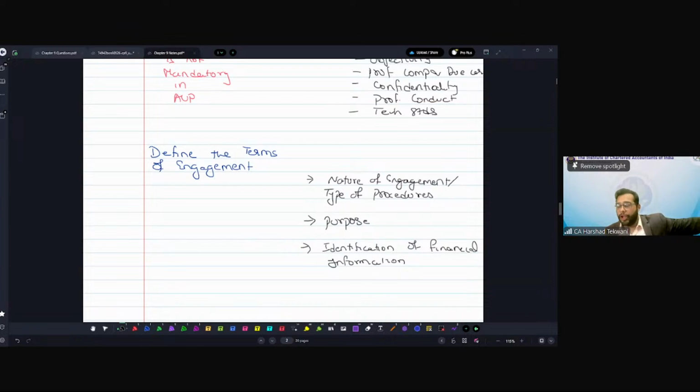I'm not going to perform any procedures on this data. You have to provide me this data, the identification of the financial information, the financial data that you, the management or the stakeholders, whosoever is appointing me, will give me. And on that, I will perform the procedures.